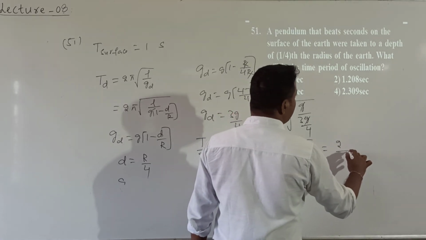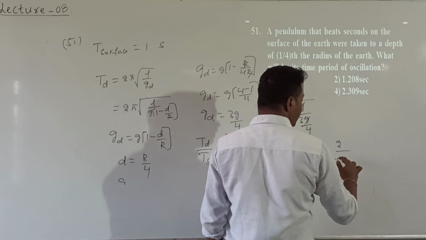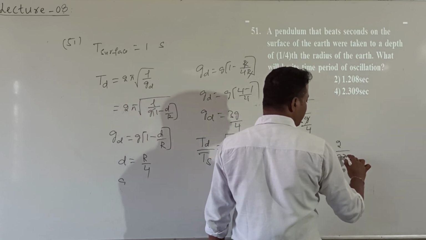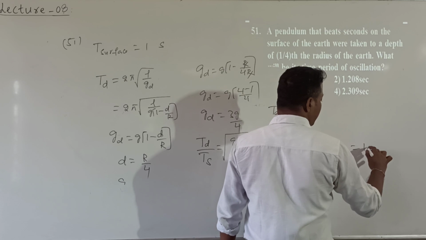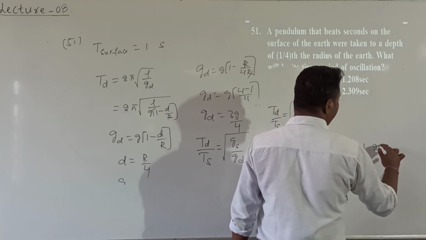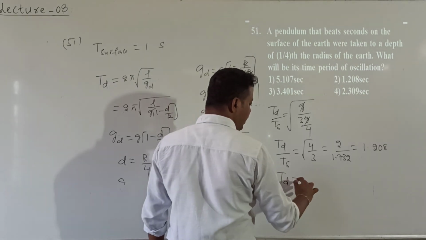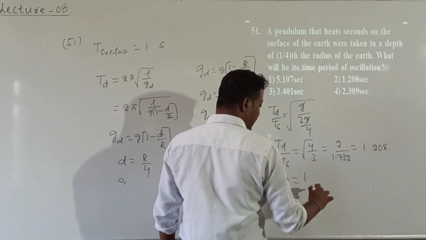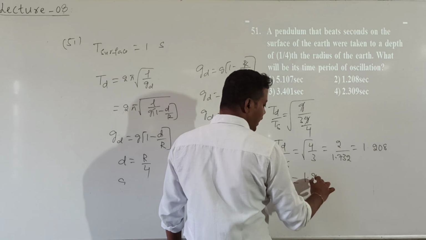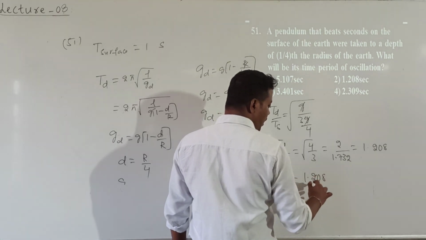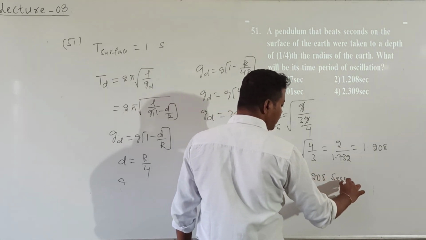Root 4 is 2, root 3 is 1.7, which gives 1.208 seconds. Anyhow, T_s value is 1 second, therefore T_d is equal to 1.208 seconds.